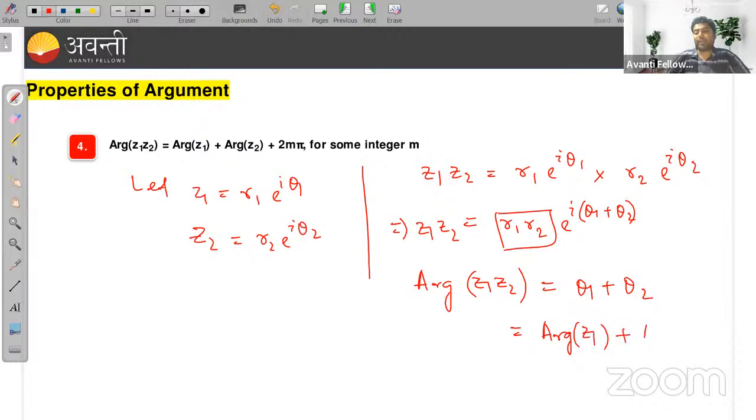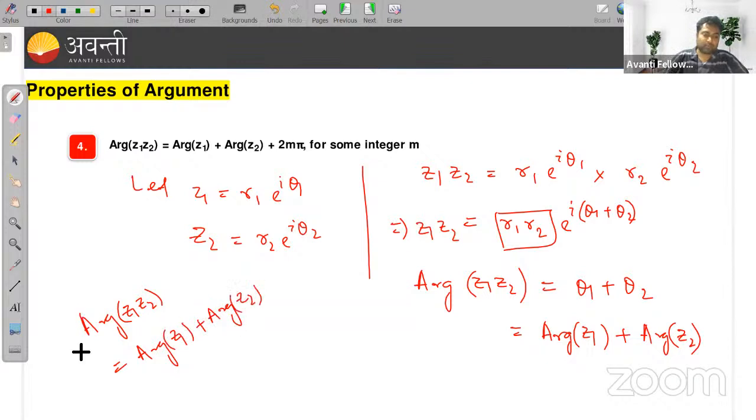And in place of theta 2, argument of Z2? Yes. So simply we can say the argument of Z1 into Z2 is equal to argument of Z1 plus argument of Z2. This is proved. This is easy. Clear or not?